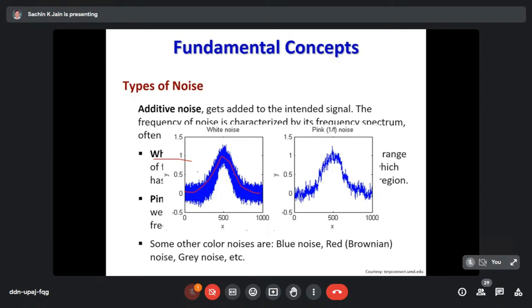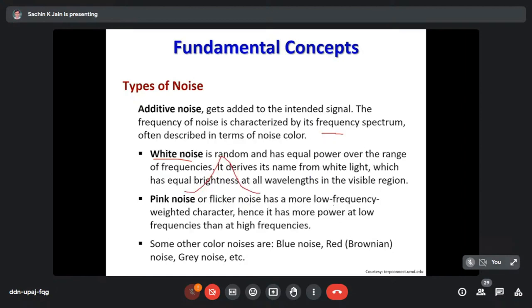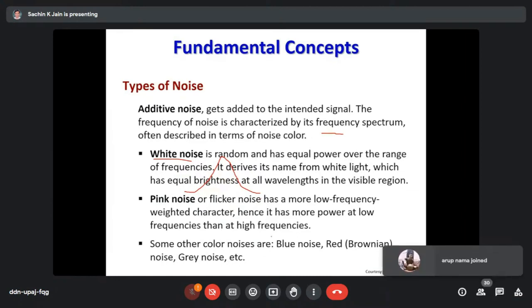But in case of pink noise, its spectrum follows a 1 by f ratio. As I told you, white noise has equal power over the range of frequencies, whatever frequencies it is happening in. It is derived from the name white light.